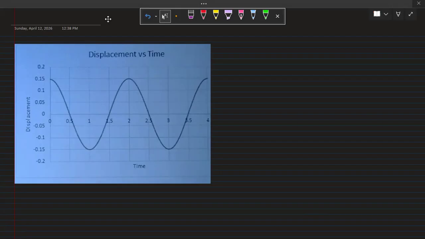Right. So we're going to discuss this question, which is one of the past paper questions. By doing this one, you can easily find out the amplitude, period, frequency, angular frequency, spring constant, and speed at a specific time.